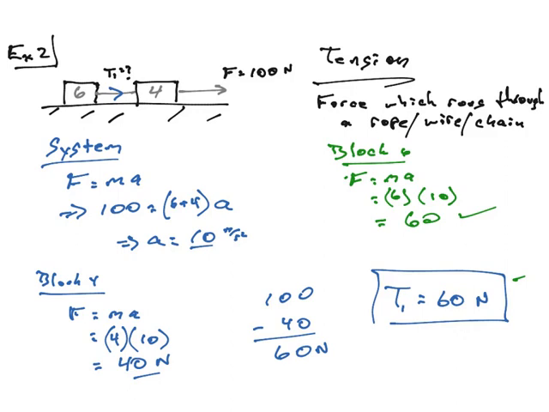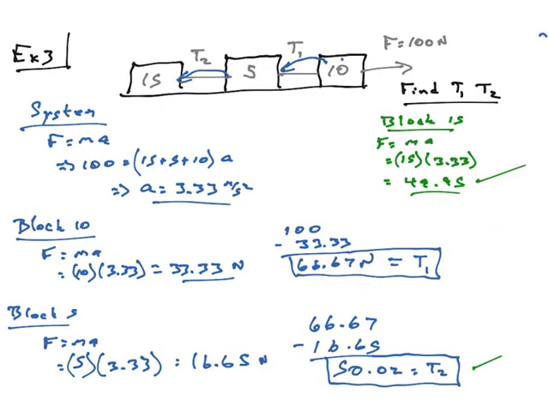So this green thing I'm doing, that's just a check. That allows you, if you have extra time, to make sure you did everything right. If you made a mistake on this problem, then when you do this green check, you're going to get a completely different number. And if that number doesn't match your final answer, your final tension, then you know I must have done something wrong somewhere.